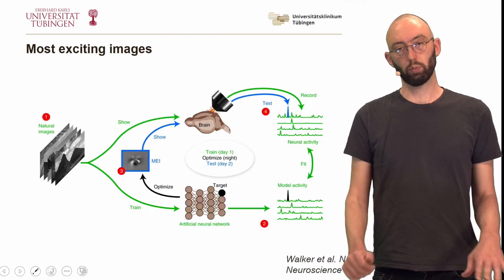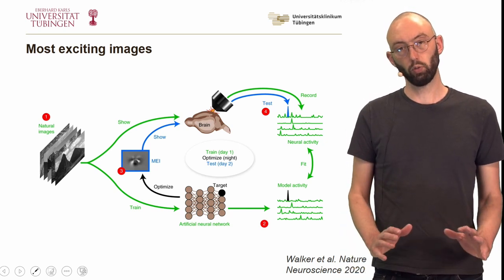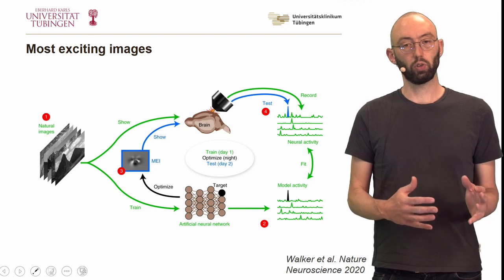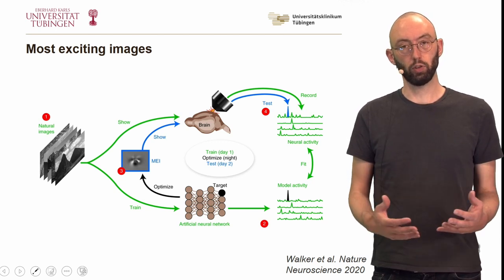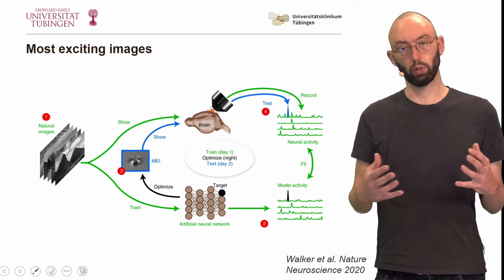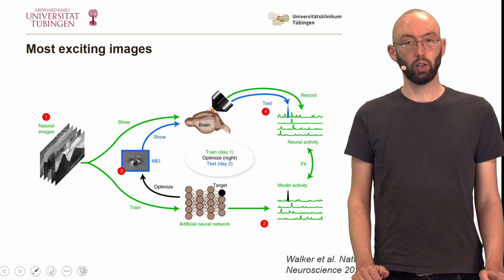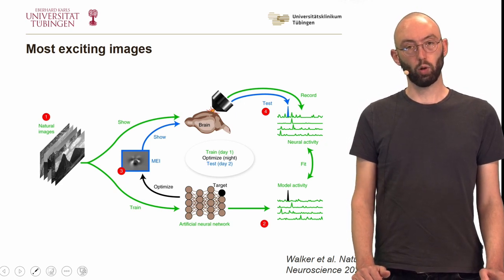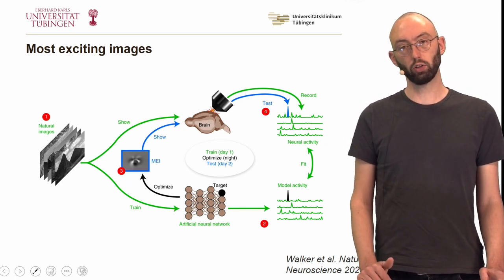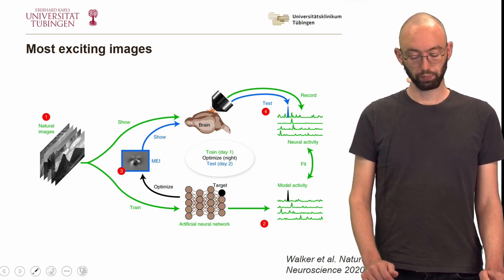Now, in general, over the past years, it has been shown that such deep neural networks are not particularly close to the underlying circuitry or the biophysical mechanisms that are used by neural tissue to compute information, but they provide really good predictive models. One concept that can demonstrate how good these predictive models are is that of most exciting images.